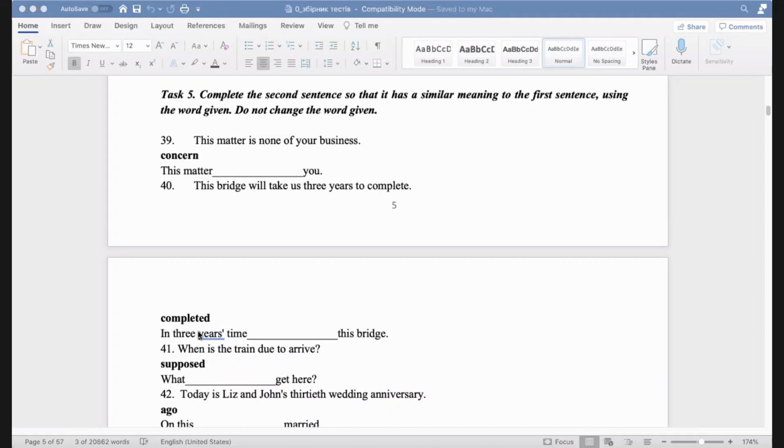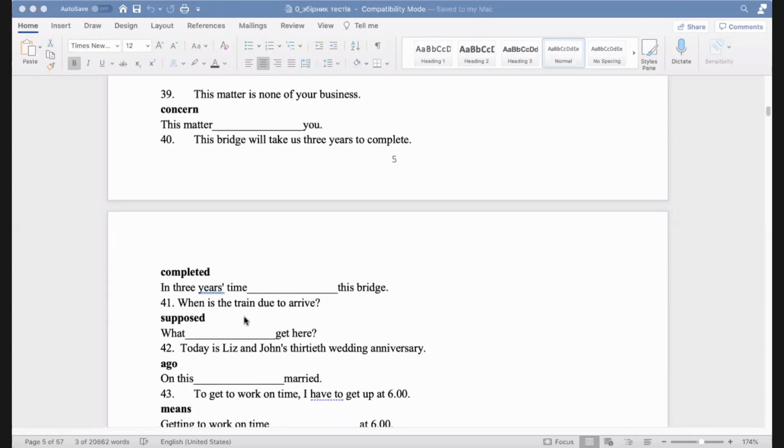Number 40. Who wants to try? In 3 years' time, we will have completed this bridge. Yes, great. We will have completed. Yes, because the time period is given. Great.